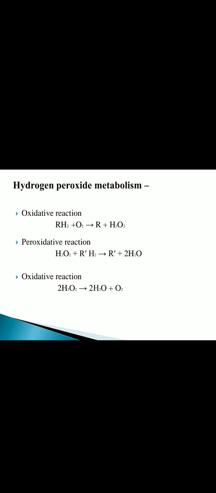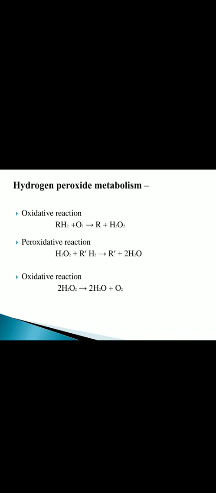They utilize this hydrogen peroxide to form water. They oxidize many other substances from which they are able to remove hydrogen atoms. These substances can include alcohol, phenols, formic acid, and formaldehyde.